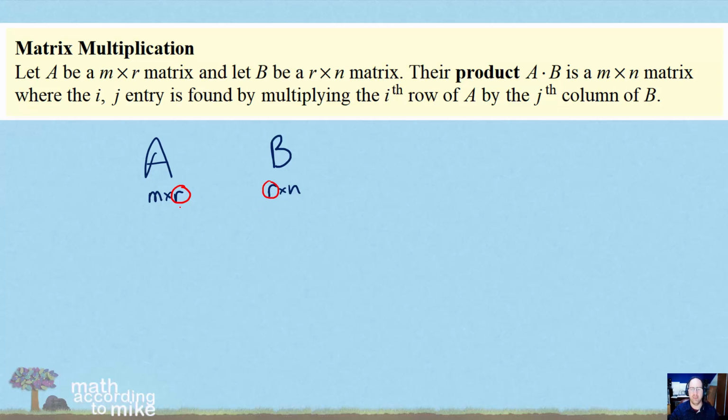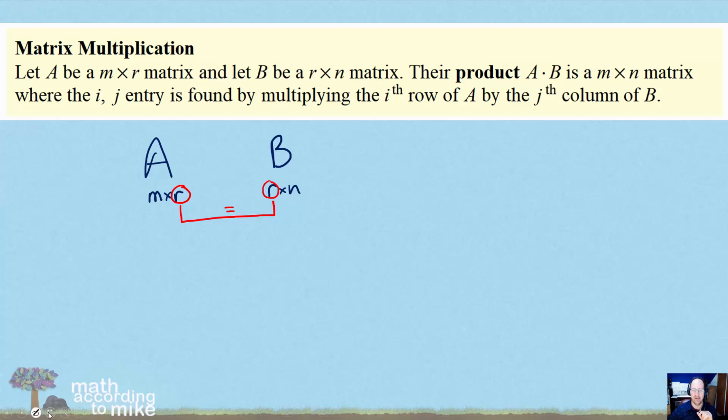So notice the number of columns of the first matrix is equal to the number of rows of the second matrix. So we satisfy the requirement that's built into this definition. You just have to be able to read it to say that you can multiply the matrices A and B.